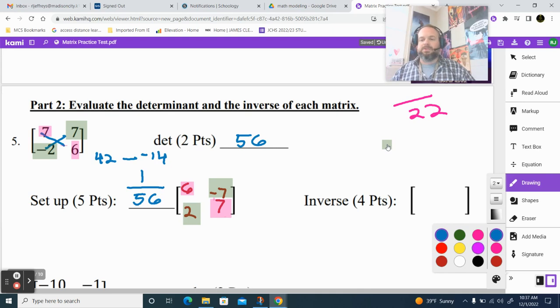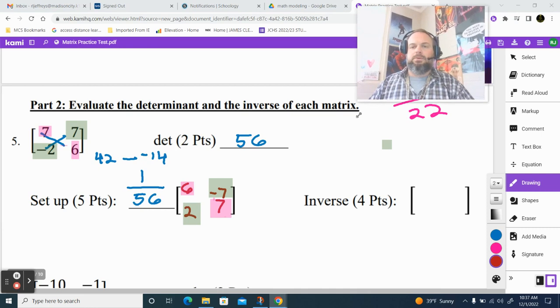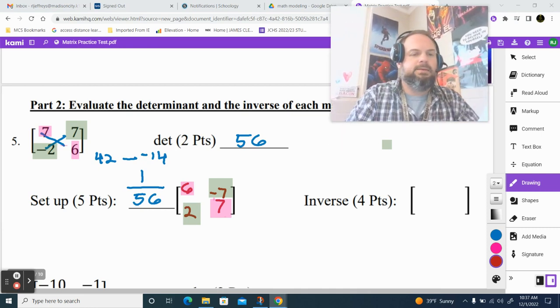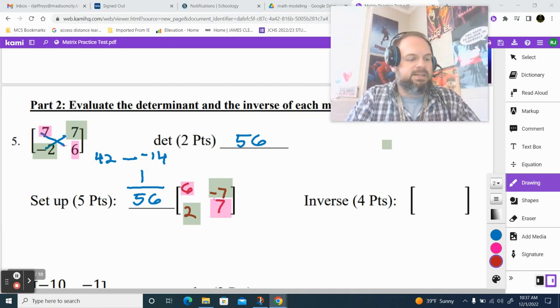Now, when we multiply this, and I will try to double check for the test so that it may not be so crazy. I'm going to have to say 1 over 56 times 6.